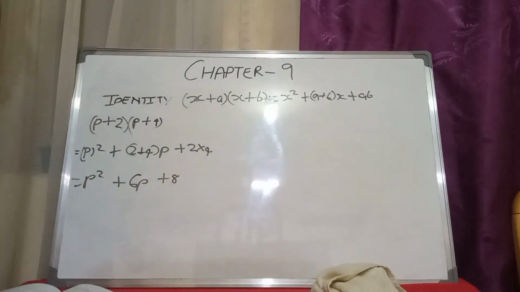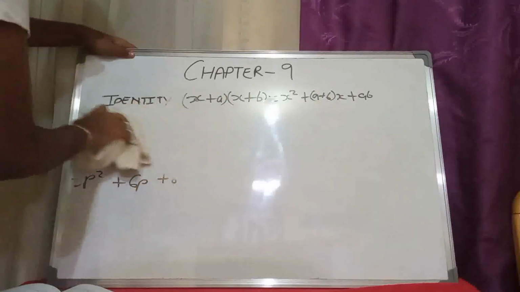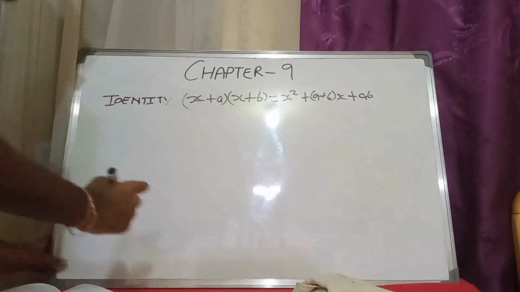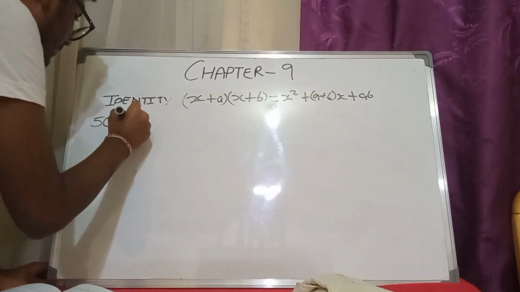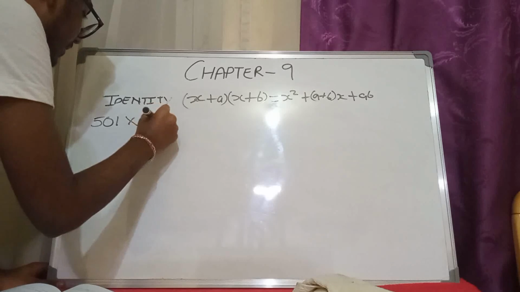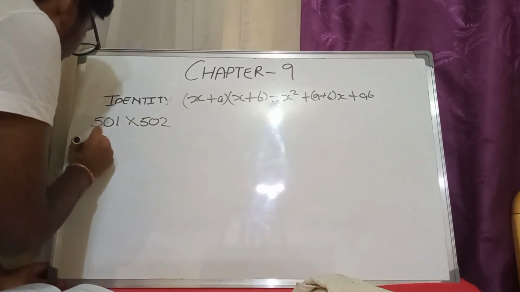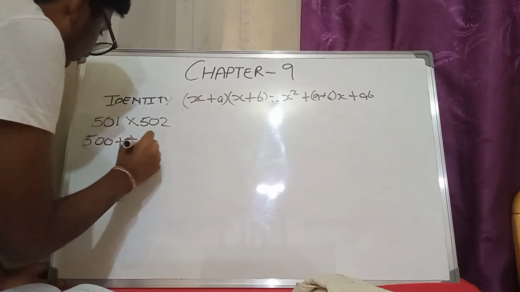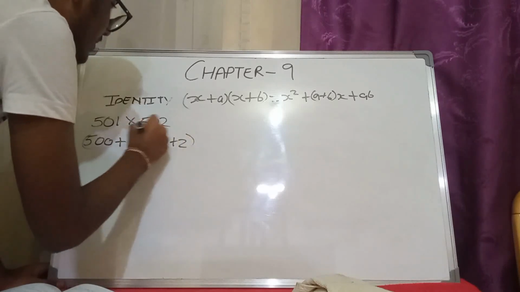This is the answer. Now even this can be used in normal problems, for solving problems that are given in our normal multiplications. For example, 501 into 502. When we multiply such questions, 501 can be written as 500 plus 1 into 500 plus 2, and this is in this method.